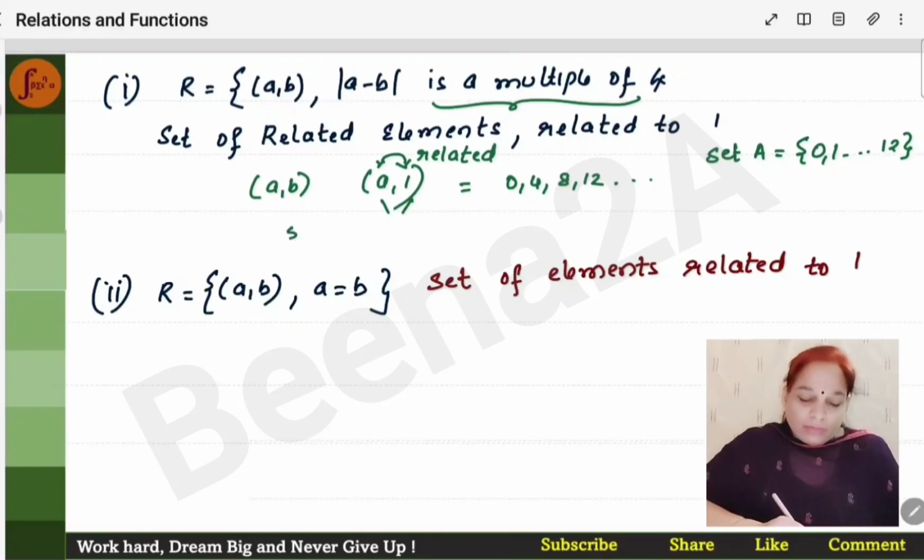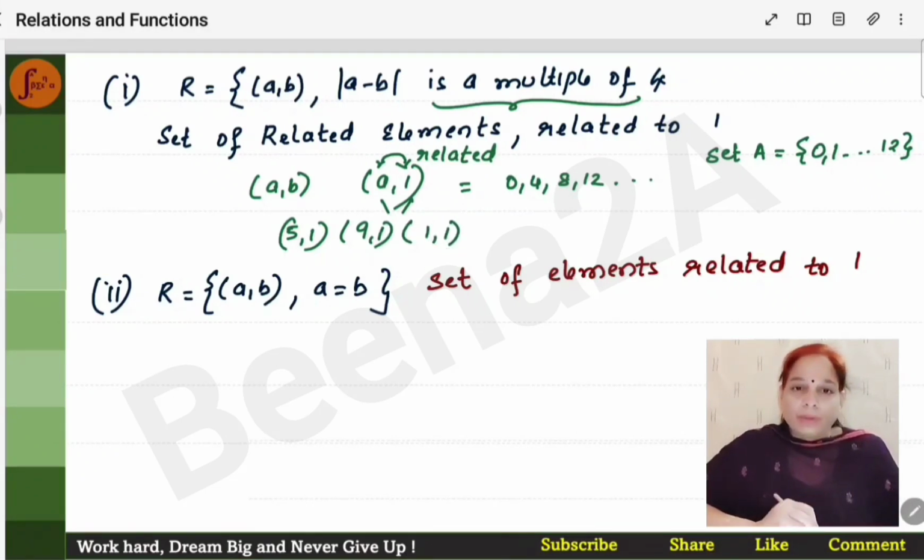So, it can be 5, 1. It can be 9, 1. It can be 1, 1. Three combinations are there. 1, 1 gives 0, 9, 1 gives 8, which is a multiple of 4, and 5, 1, when you subtract, you will get 4, which is again a multiple of 4. You cannot take a number greater than 12 because the set does not have a number greater than 12.